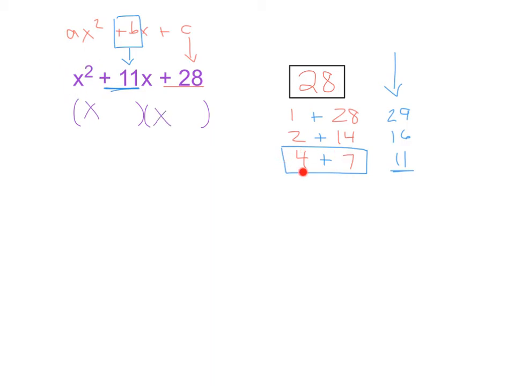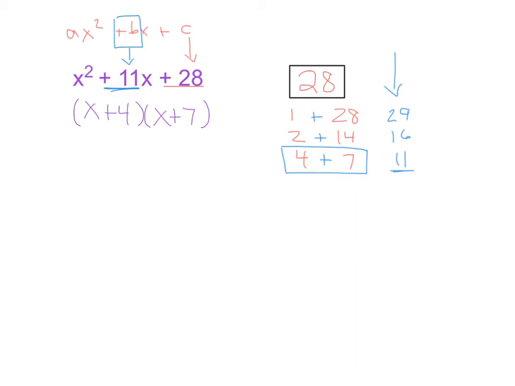Now we take the two terms that multiplied to give me 28, this number, and added to give me 11, which is this number. So we have to multiply to get this number and add to get this number, which are 4 and 7. So we put in plus 4 because 4 is positive, and plus 7 because the 7 is positive. We now have the factors that we started with on the previous screen.